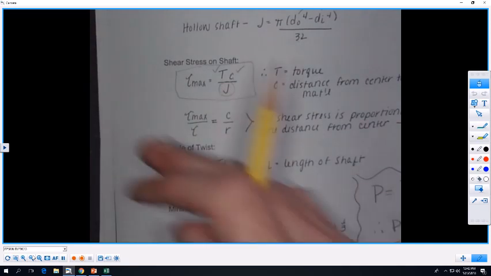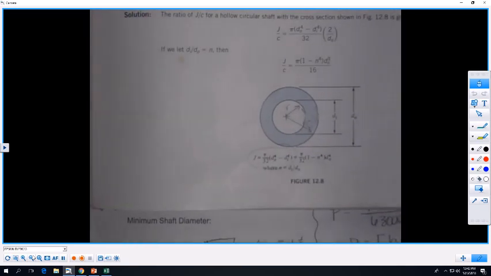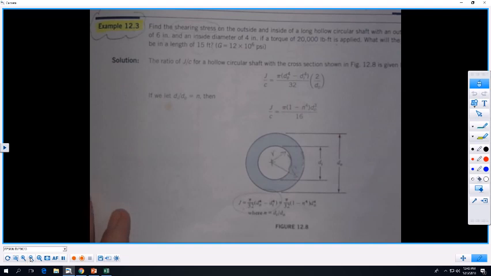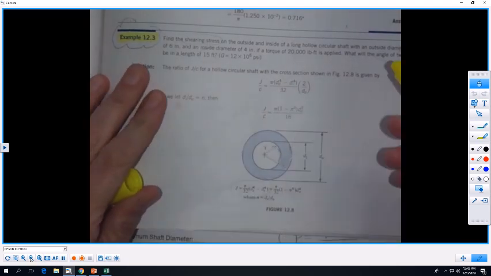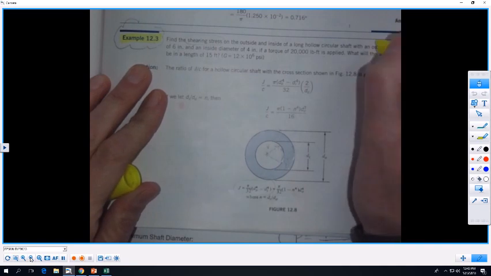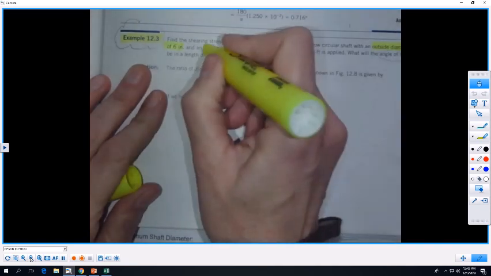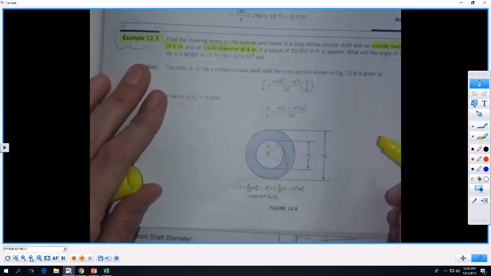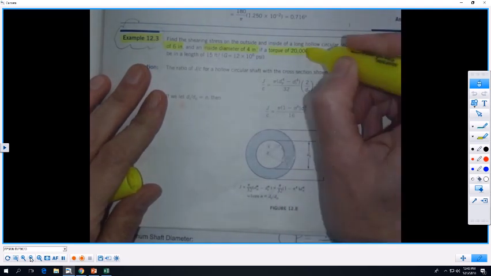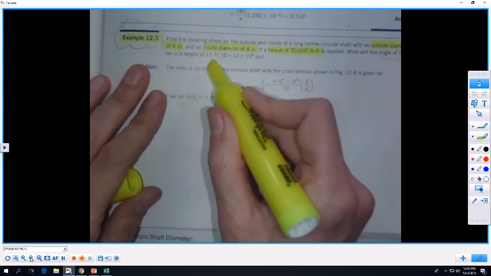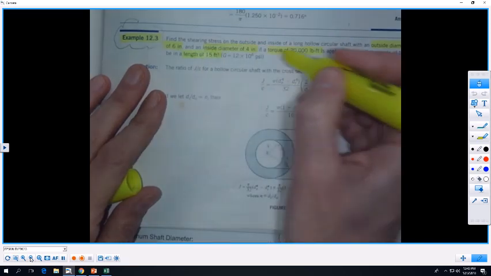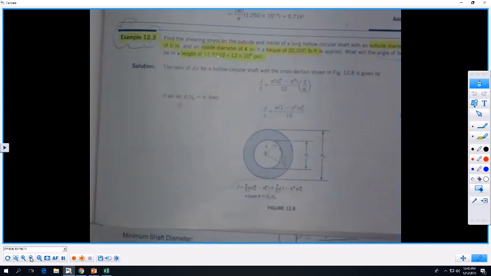Okay? So let's follow this example through so that we understand the approach that we're going to be taking here. Now, I am going to highlight the inputs. They gave us the outside diameter of 6 inches and the inside diameter of 4 inches. They gave us a torque equal to 20,000 pound-feet, and then they want us to find the angle of twist at 15 feet, so we have a length, and then we also have our shear modulus of G equal to 12 times 10 to the 6th.